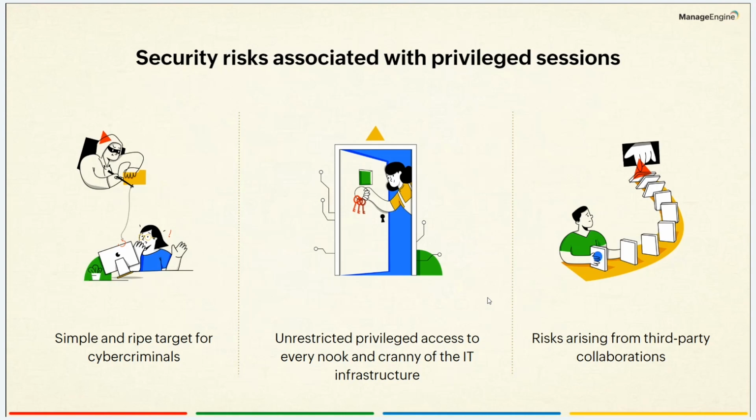Providing admin rights or even domain admin rights to users, instead of just providing enough permissions for them to perform their activities, is also something we're looking to address with the PAM solution. Similarly, providing access to external users like vendors and contractors has also become a challenge in recent times.